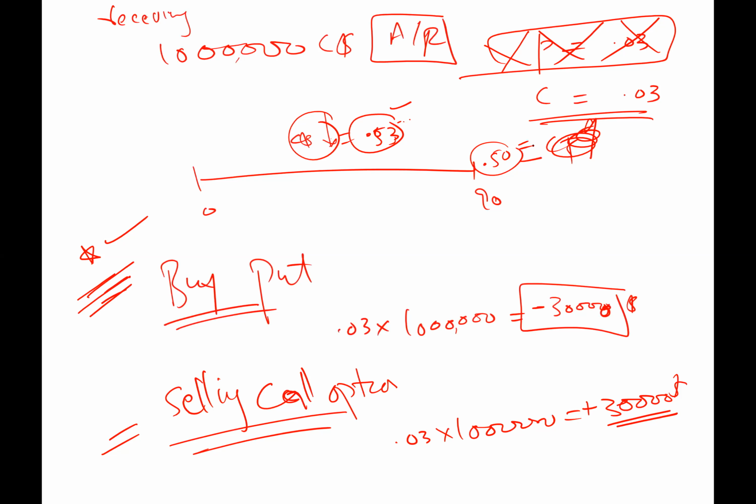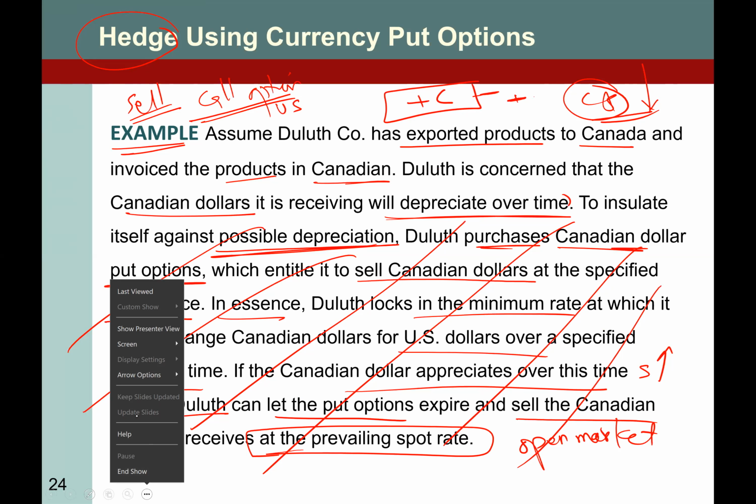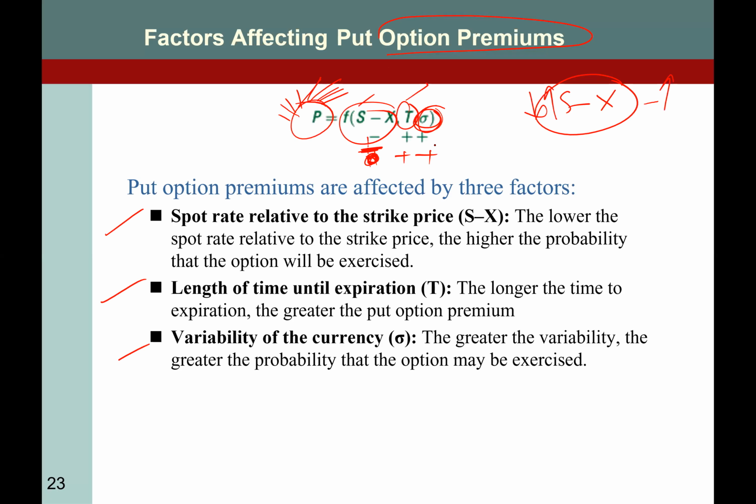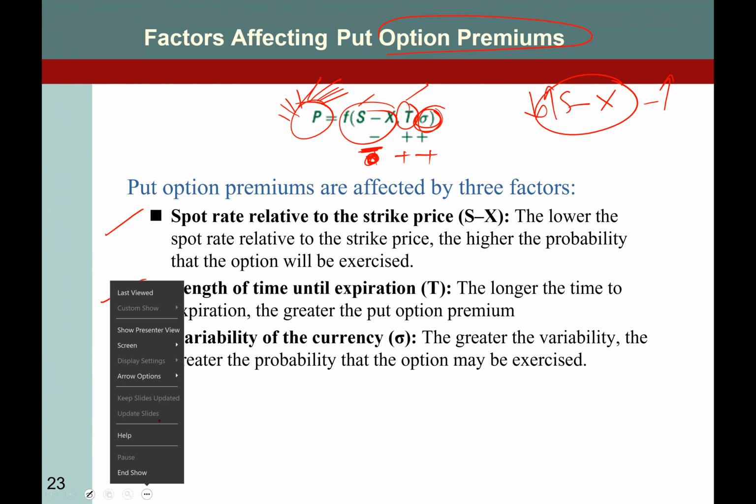You will be converting your 1 million Canadian dollar at 0.50 and will be receiving 500,000, and adding your 30,000 profit that you will be receiving from selling the call.